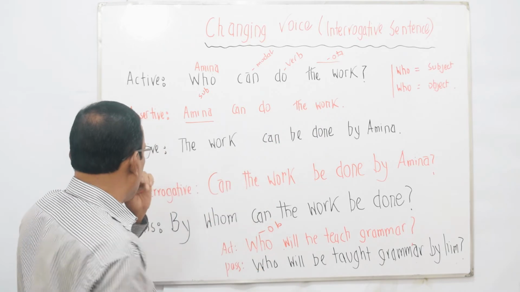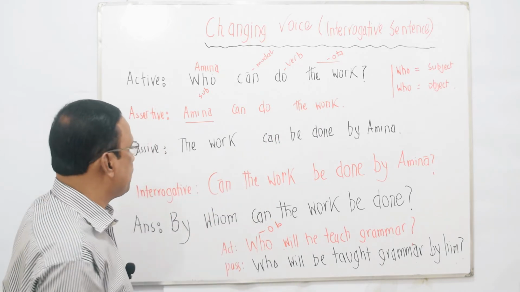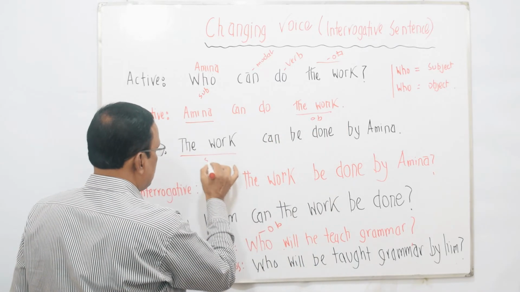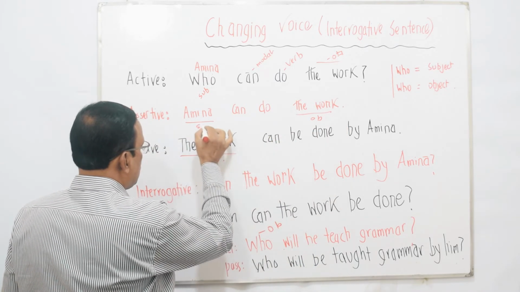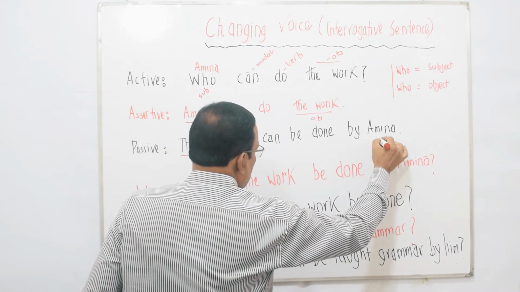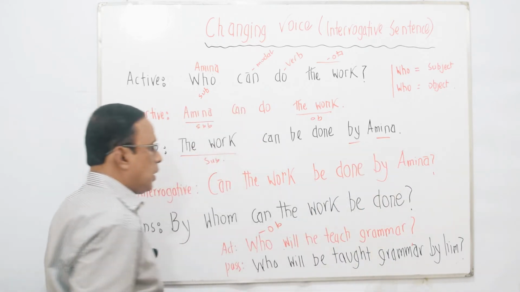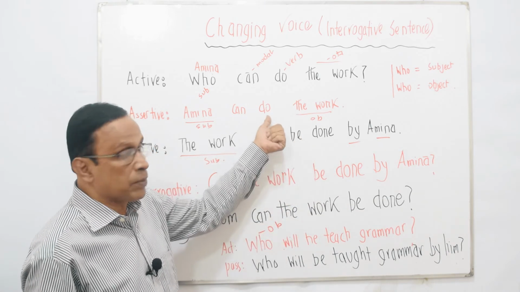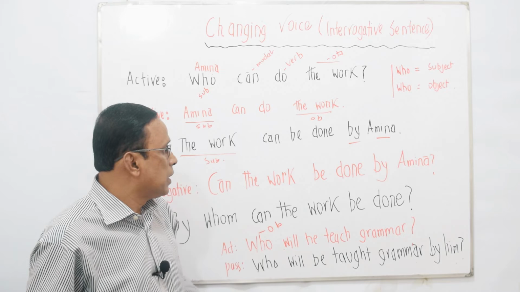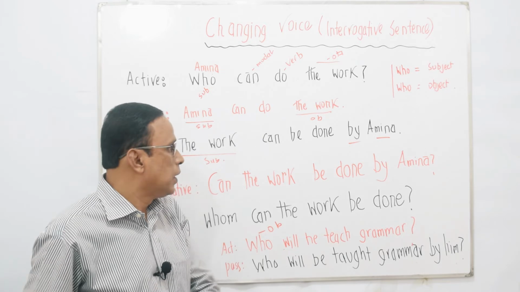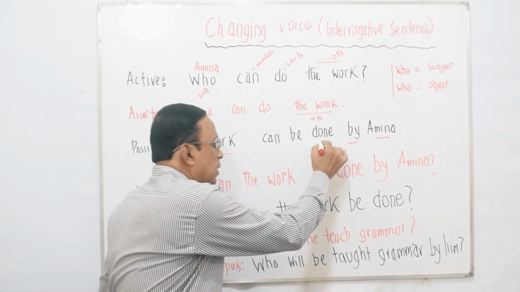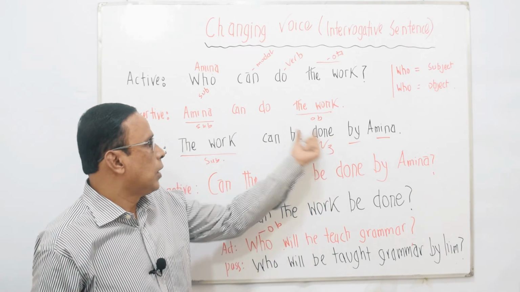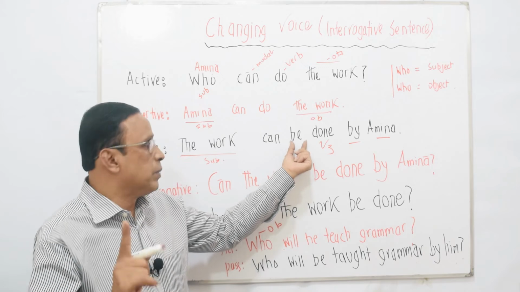If you want to change this sentence from active to passive, bring this object here as a subject, and this subject will go at the end of the sentence, and we usually use the preposition by. Before the preposition by we always use the past participle of the main verb. In passive we must remember that we always use the past participle or V3 form of the main verb. Just before the past participle of the main verb we use one be verb.